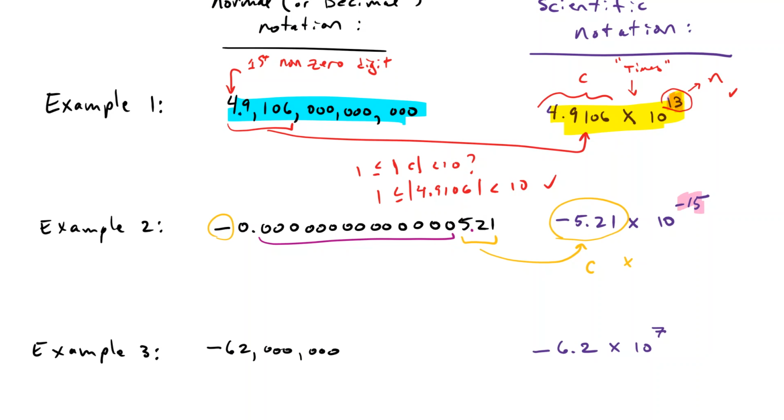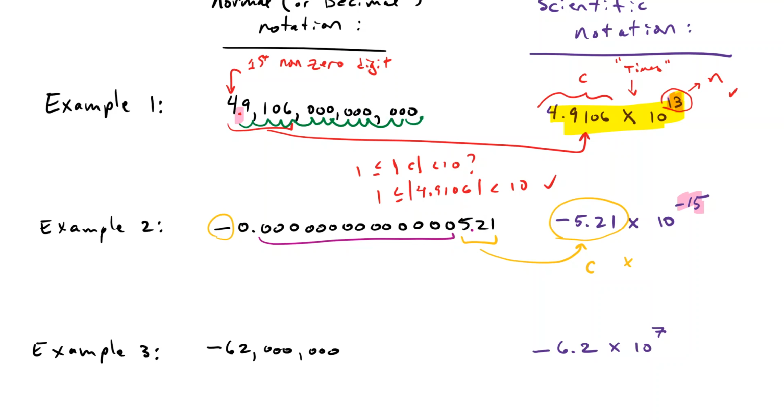Well, if you look back on example 1, if you start right here at where we want to place the 0, and then you count all the way over 1, 2, 3, 4, 5, 6, 7, 8, 9, 10, 11, 12, 13.